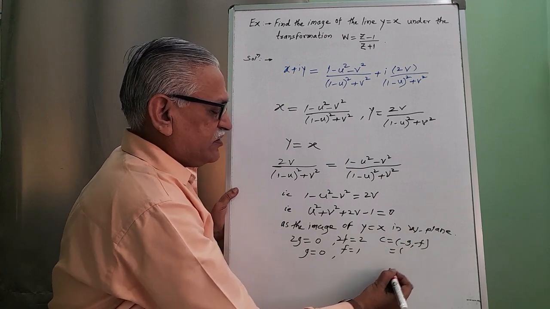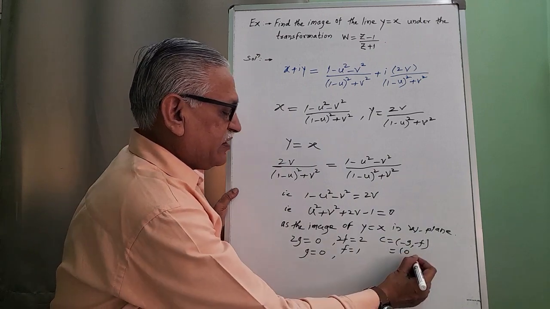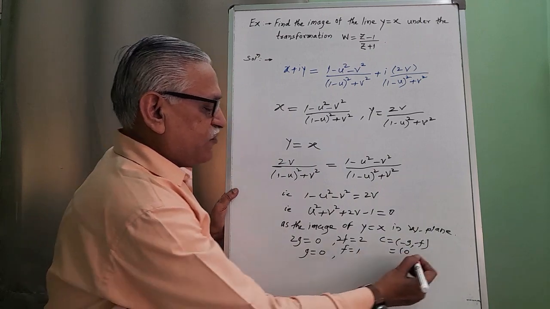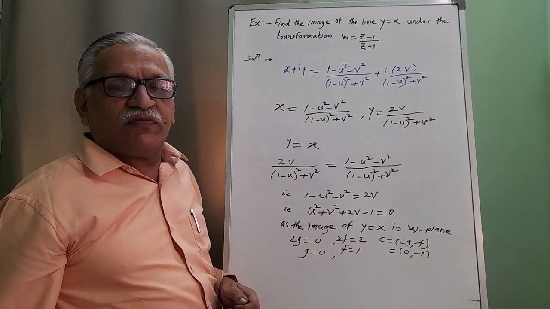The value of g is 0, therefore it is 0, and f is 1, therefore this is minus 1. Therefore 0, minus 1 is the center of that circle.